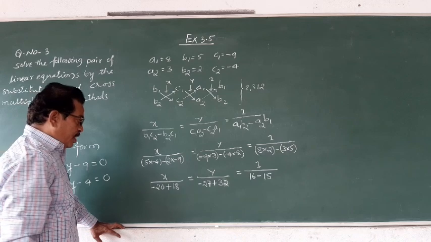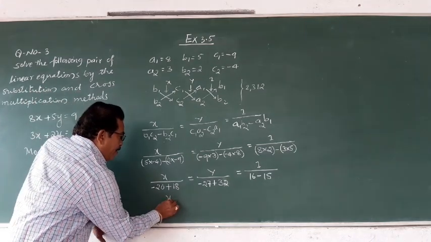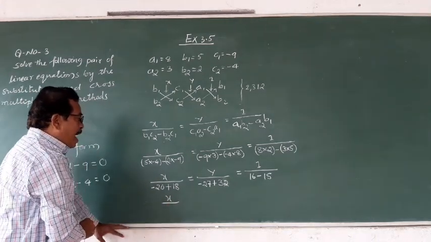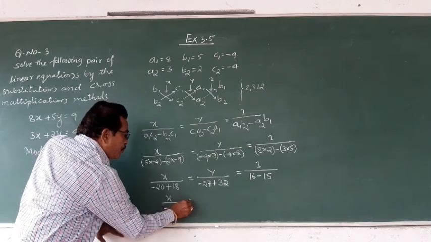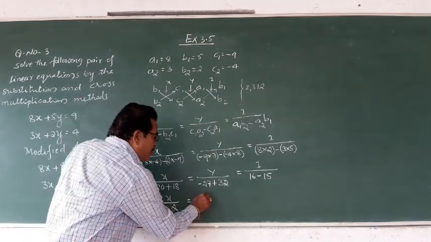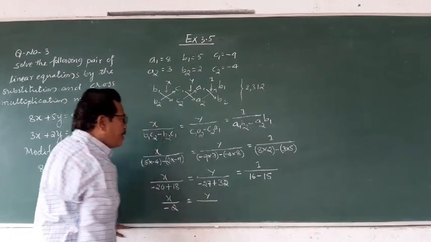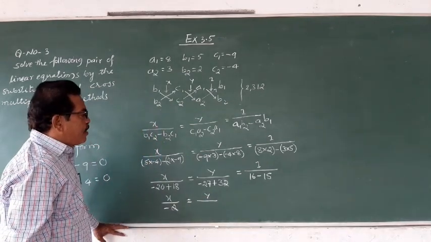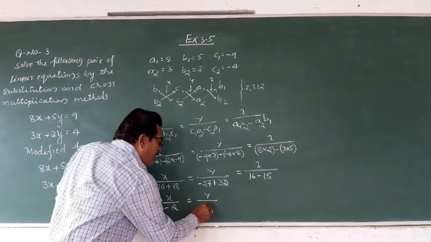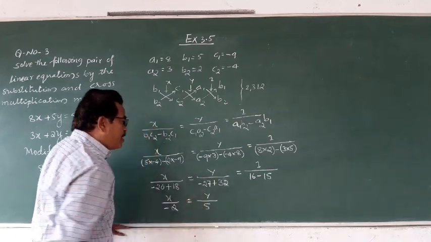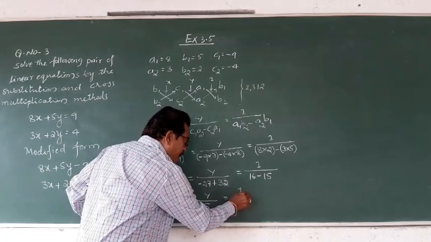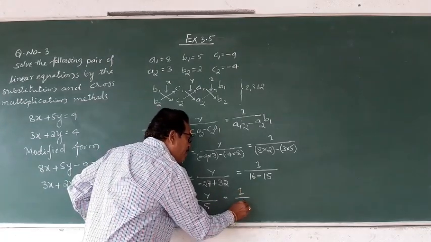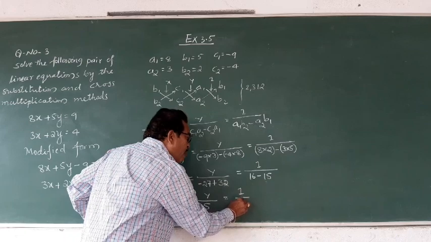Now X divided by minus 20 plus 18, minus 2, that is equal to Y divided by minus 27 plus 32, that is plus 5, because the larger number is plus, that is equal to 1 divided by 16 minus 15, that is 1.